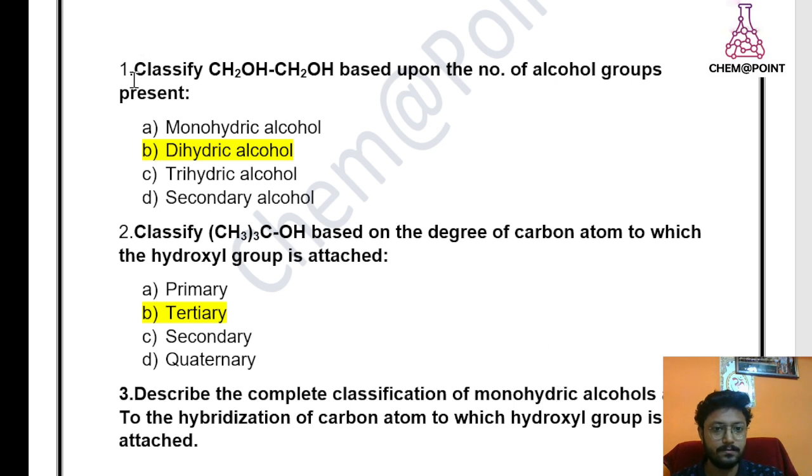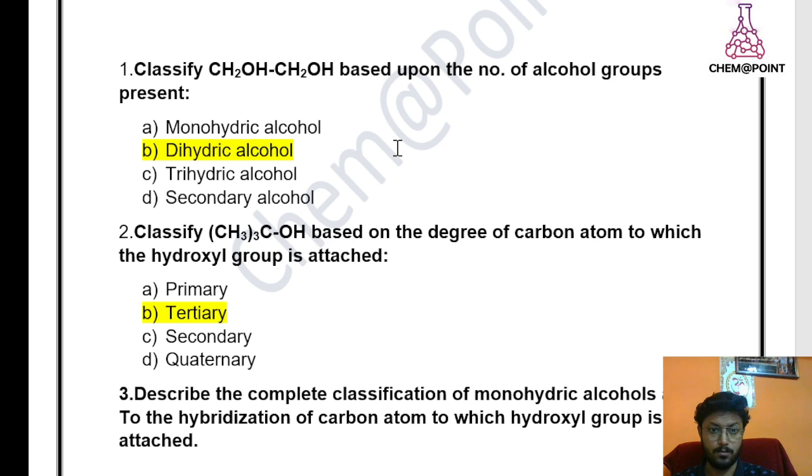The first question: classify CH2OH, CH2OH, based upon the number of alcohol groups present. Dear students, first of all, look carefully at how many alcohol groups are attached to the carbon atoms. It's clearly mentioned that two alcohol groups are attached.